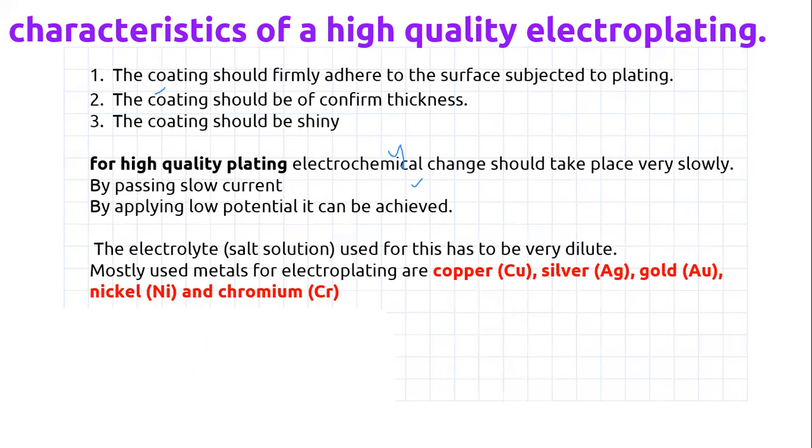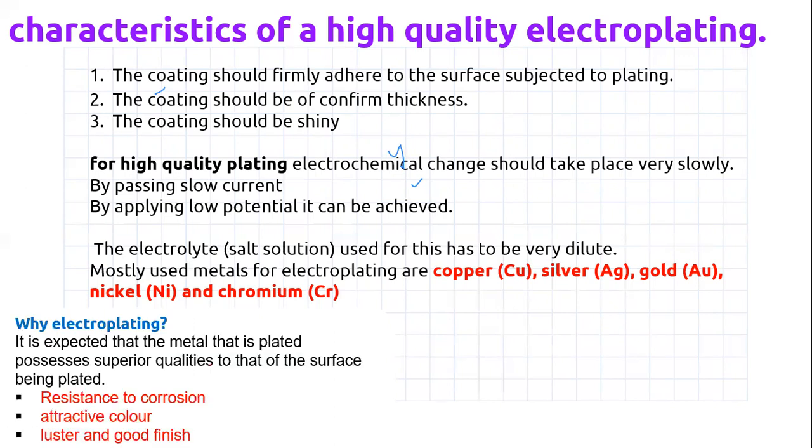So why do we use only these metals? It is because usually we plate these metals on another for some reasons. One is resistance to corrosion, and the second one, attractive color.